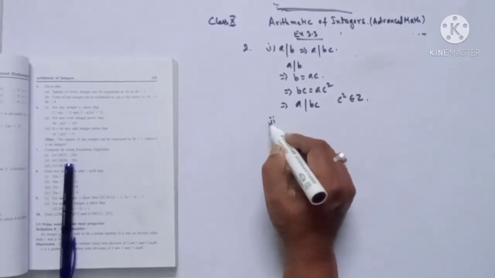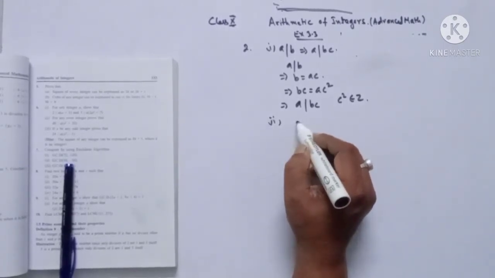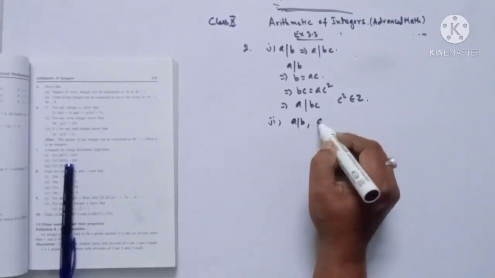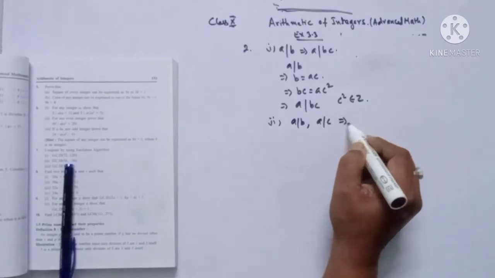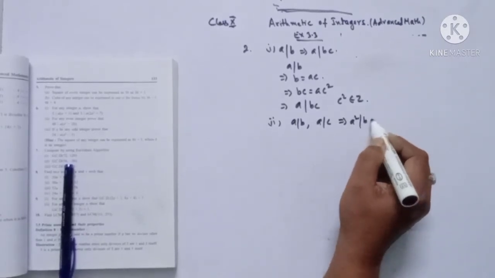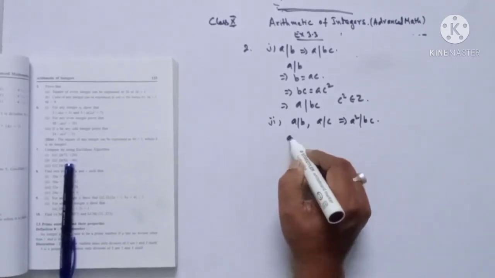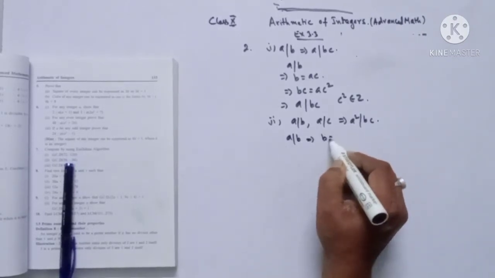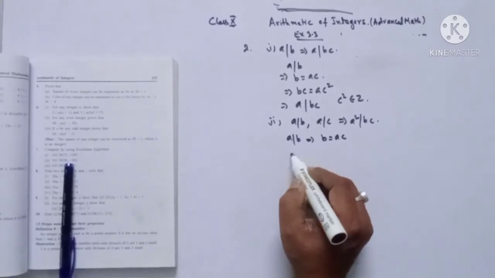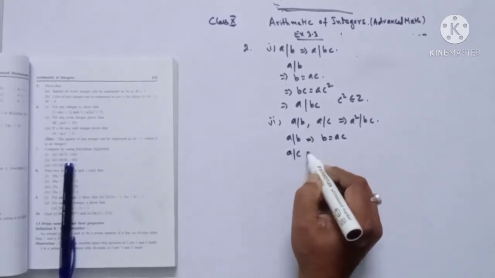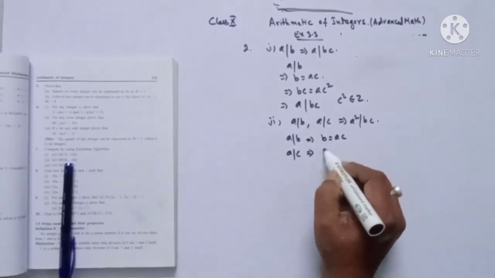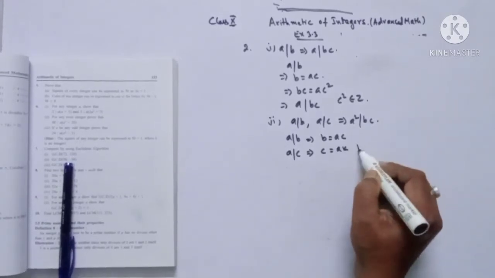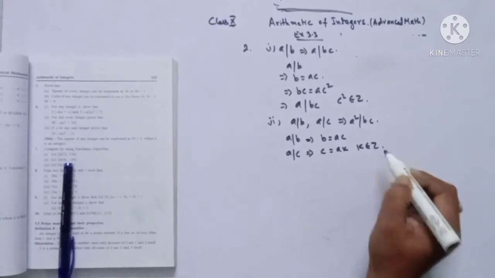And for second, that is A divides B and A divides C, which implies that A square divides BC. So here again A divides B, that means I can write this as B is equal to AC, and A divides C, here I can write C is equal to say AK, where K belongs to integer.